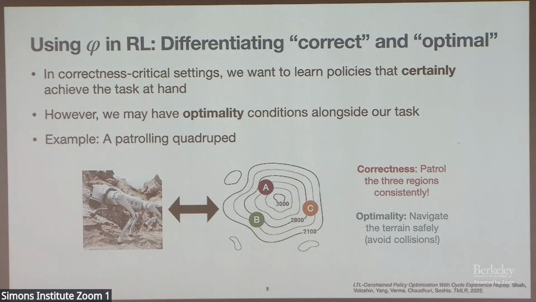I don't want the quadruped to go run off or do something it's not supposed to be doing, but along that path, I don't want it to run into rocks. I don't want it to get scratched or fall and potentially risk its health. So I want it to be minimizing collisions or minimizing getting buffeted around. And so you have this setup where it has to accomplish the task, but while it's accomplishing the task, I want it to abide by some notion of optimality.